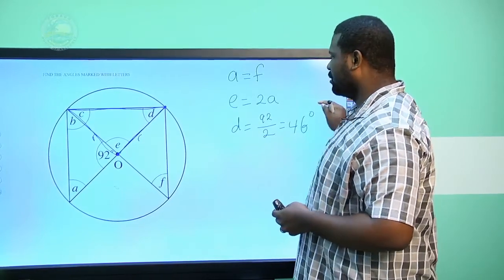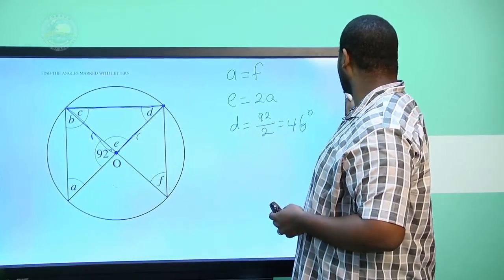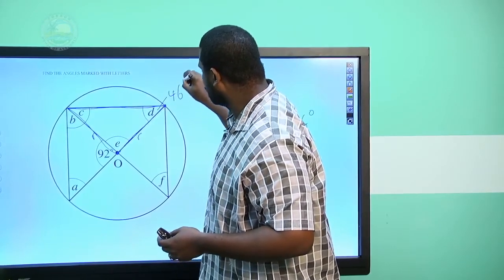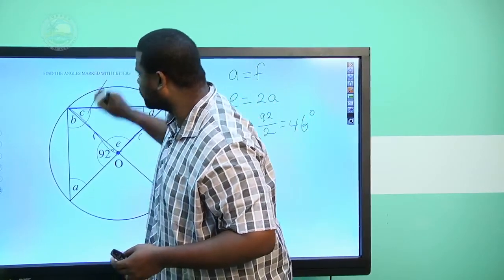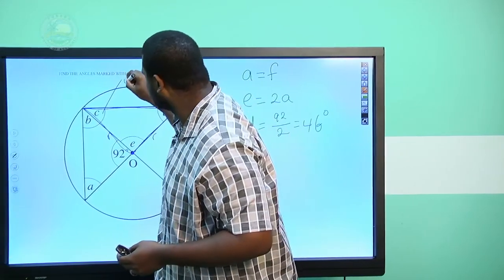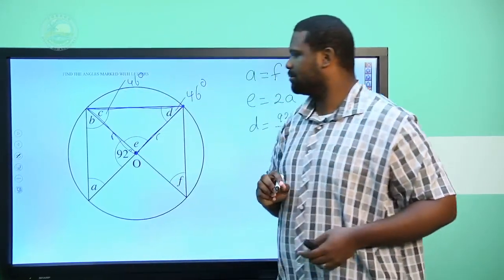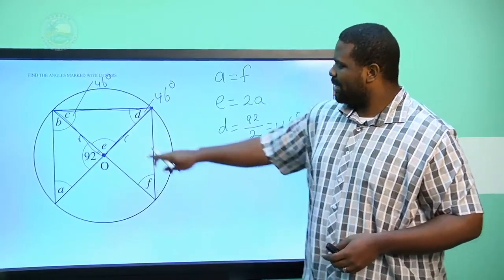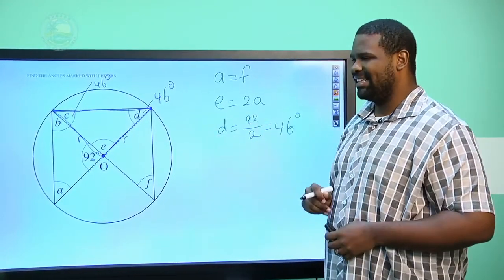So if we know that D is 46 degrees, it means that C is also 46 degrees. And if we know that these two are 46 degrees, then we can find E easily.